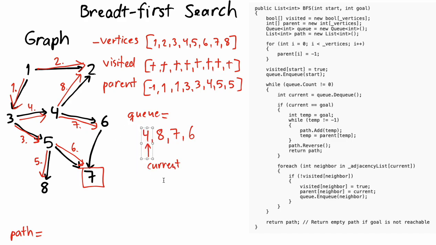Next, we are going to look here, node number 8. It is not our goal node, but we are going to check all neighbors from that node 8, and it has no neighbors, so we skip all this.